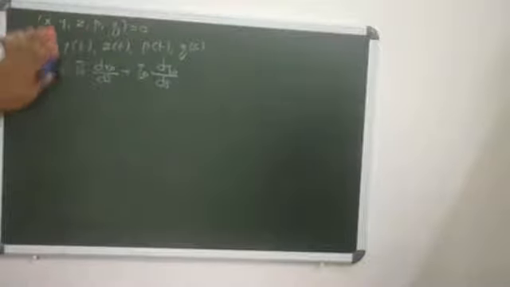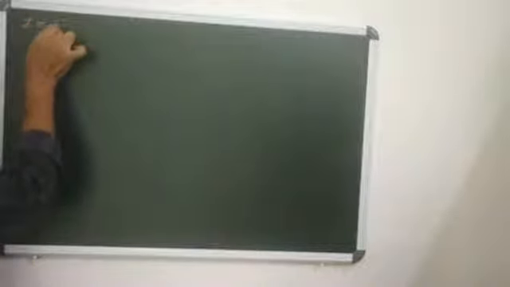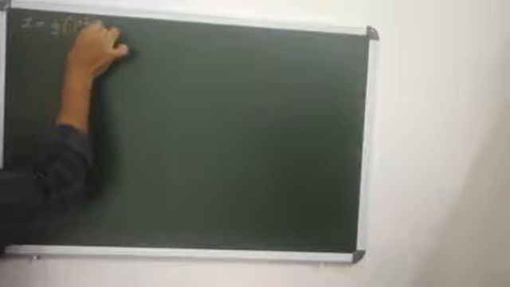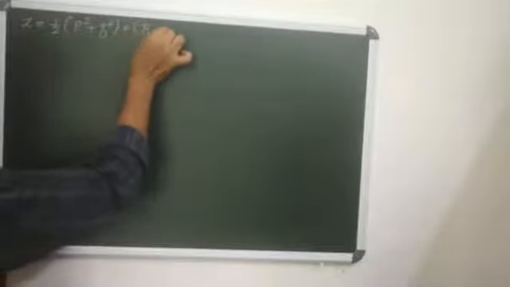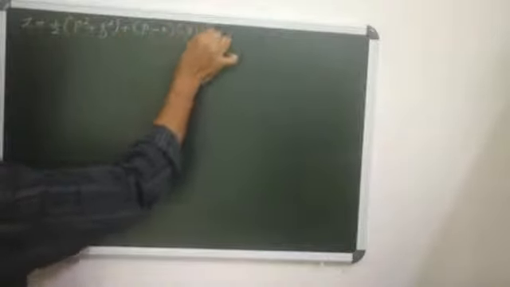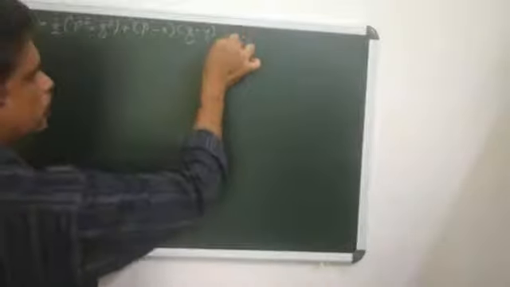Clear? Now, in this class, let us try to solve a problem that depends upon this strip condition. Find the solution of the equation z equals half of (p square plus q square) plus (p minus x)(q minus y), which passes through the x-axis.